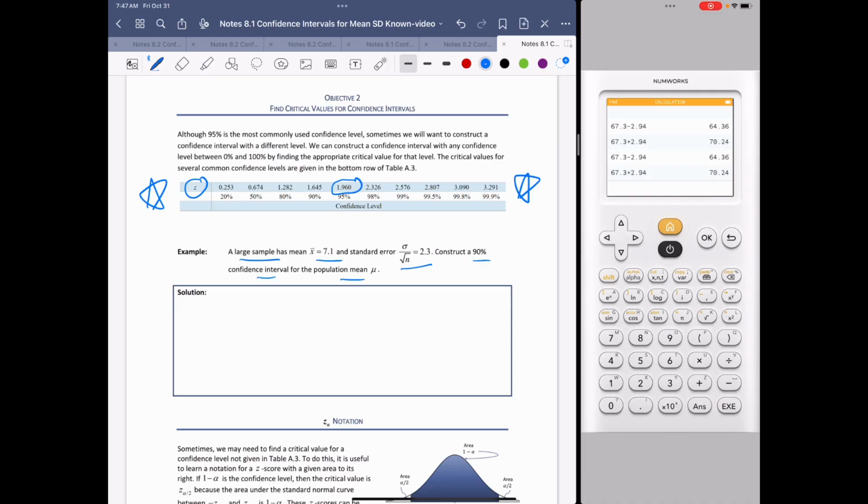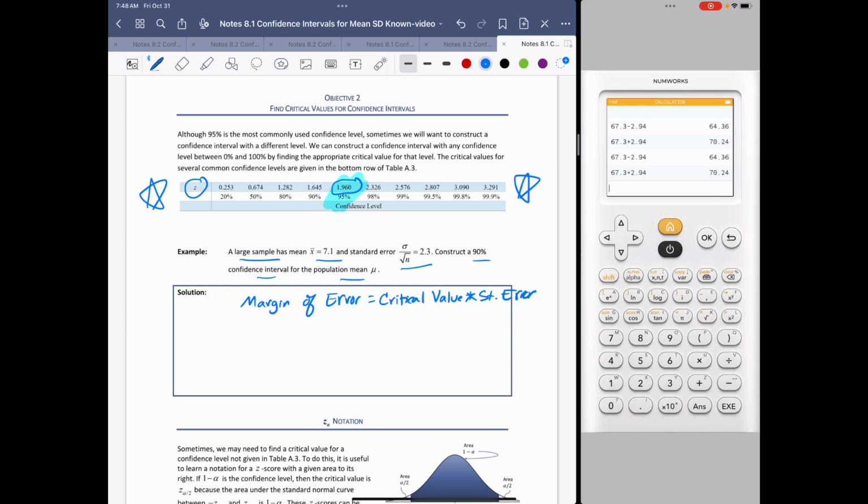Now, the margin of error is the critical value times the standard error. All right, and if you look in the chart, it gives you the critical value for 95%, but I want to show you how they get that because we're not going to use the table.